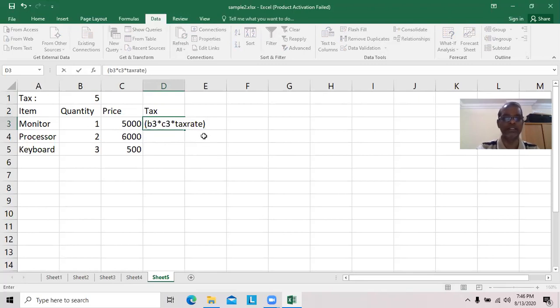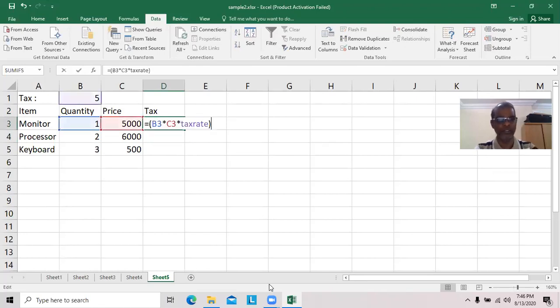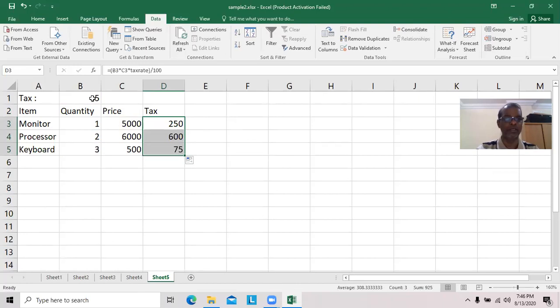Since tax rate is a named cell for B1, wherever you want to type B1, it can be replaced by tax rate. Equal, don't forget, each and every formula should start with equal. Divide by 100. So just try. Okay, here we have 10%.